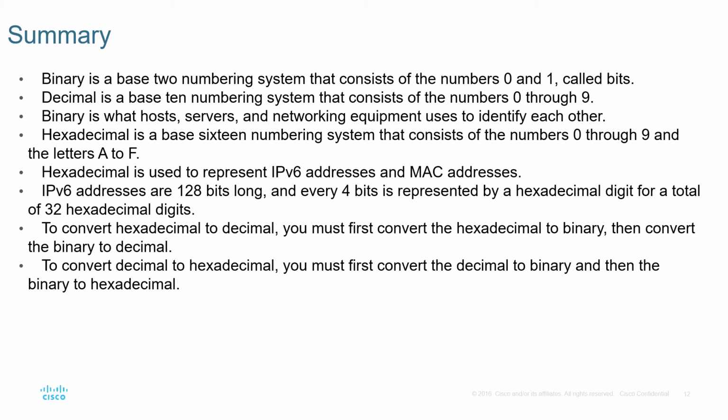IPv6 addresses are 128 bits long, and every 4 bits is expressed by a hexadecimal digit for a total of 32 hexadecimal digits. To convert hexadecimal to decimal, you must first convert the hexadecimal to binary and then binary to decimal. To convert decimal to hexadecimal, you must first convert decimal to binary and then binary to hexadecimal.